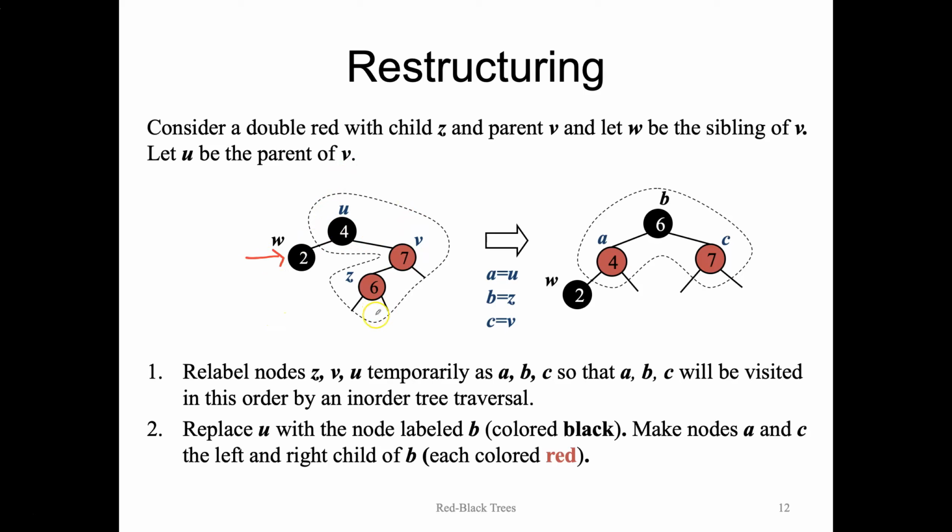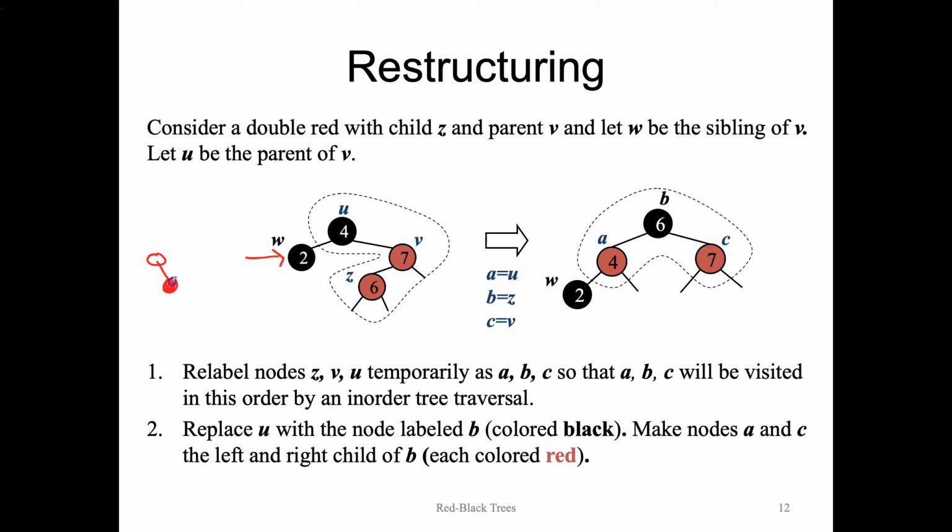We're going to take the two nodes that are in our double red and then the parent of that also. So these three nodes together. Anytime we're in this case, we're going to consider these three nodes. This is just showing one example, but maybe our double red is on the other side.